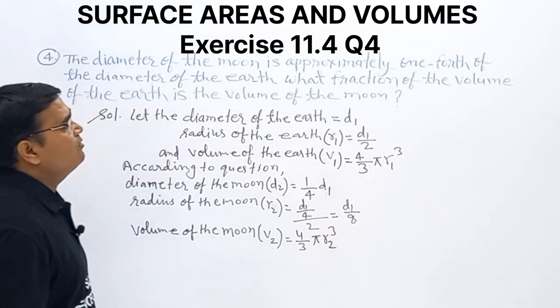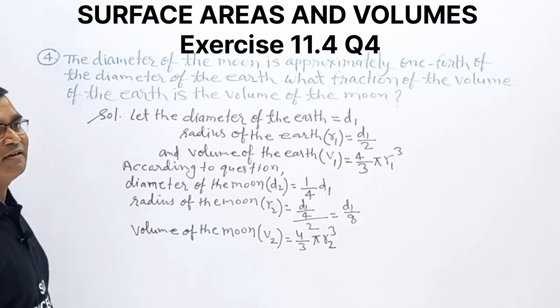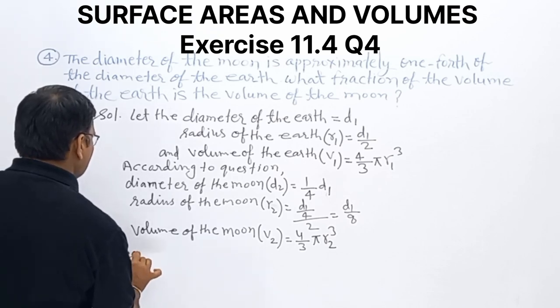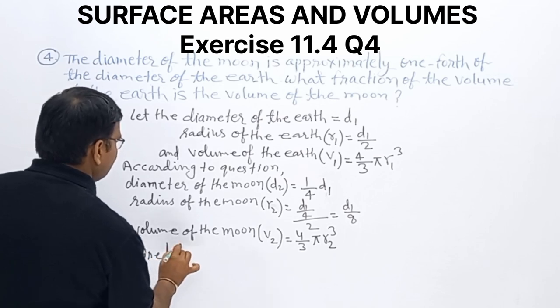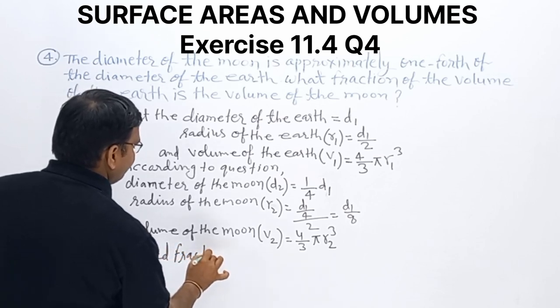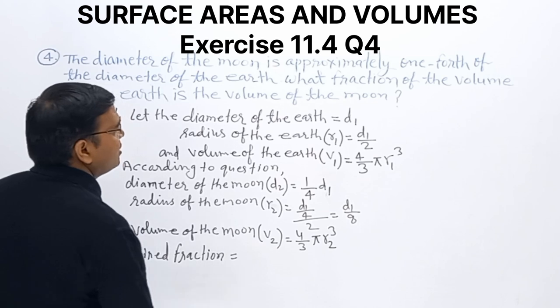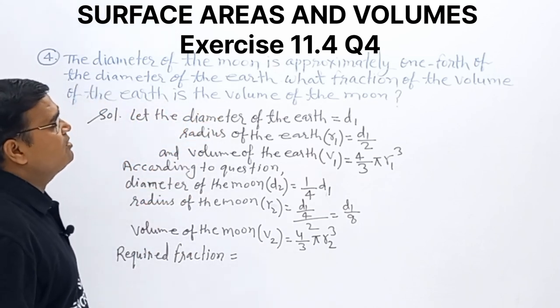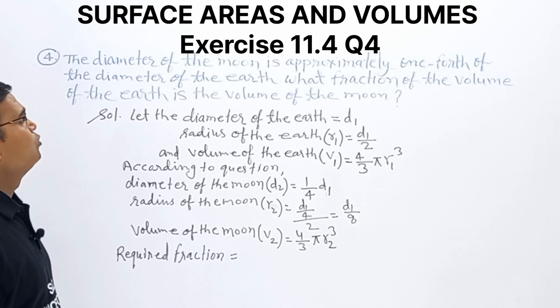We require the fraction, meaning the required ratio, of the volume of the earth to the volume of the moon.